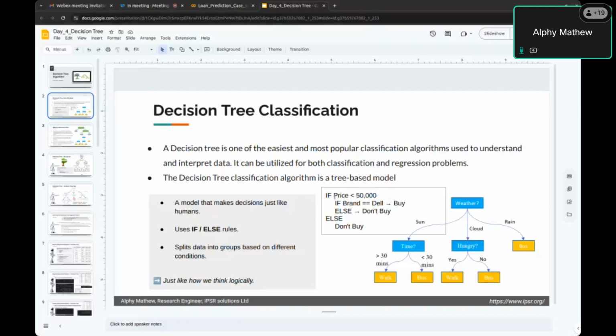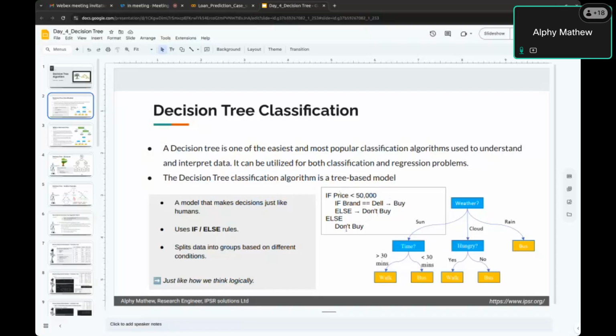Suppose the person is thinking: if the price is less than 50,000 and the brand is Dell, then I will buy the laptop. If the price is less than 50,000 but the brand is not Dell, then he will not buy the laptop. Also, if the price is not less than 50,000, then he will not buy the laptop.